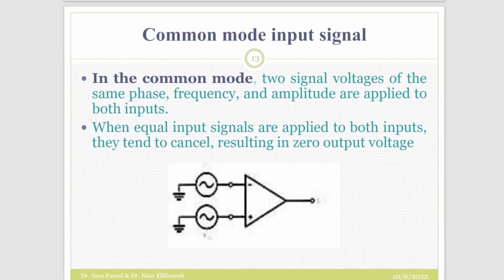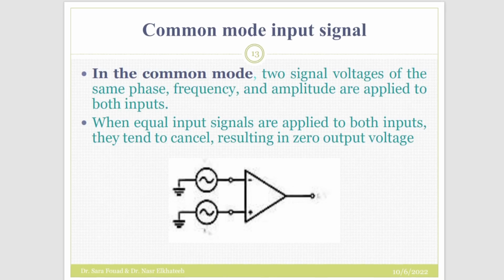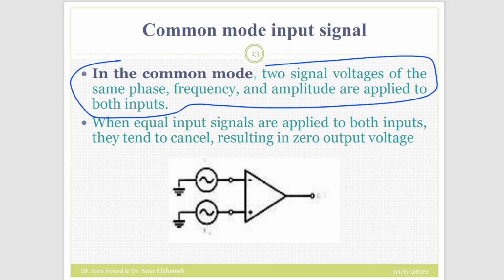The common mode input signal. In the common mode, two signal voltages of the same phase, frequency, and amplitude are applied to both inputs. Let's just read it again. In the common mode, two signal voltages of the same phase, frequency, and amplitude are applied to both inputs.